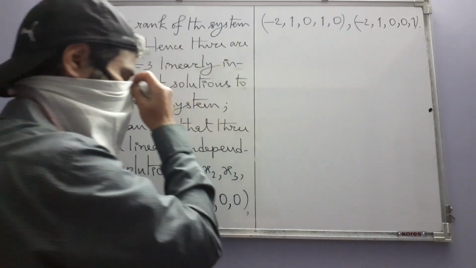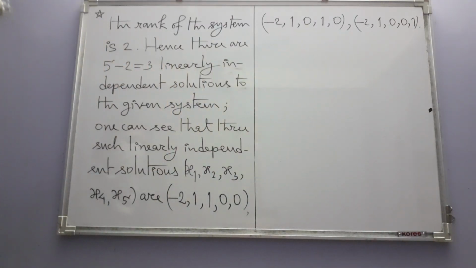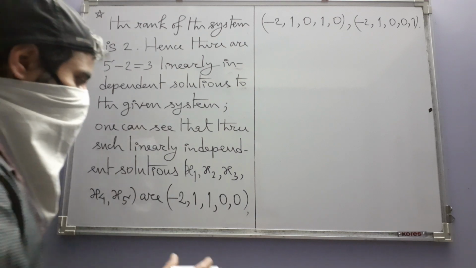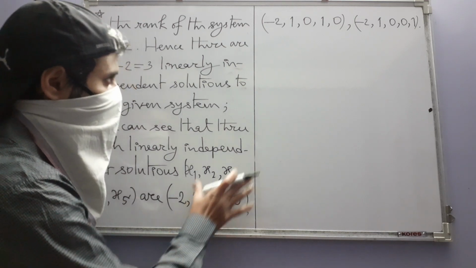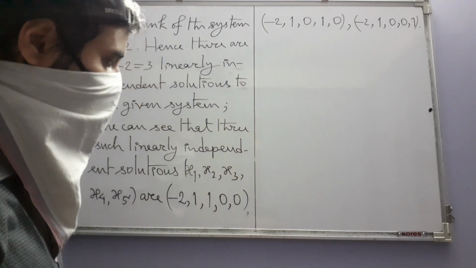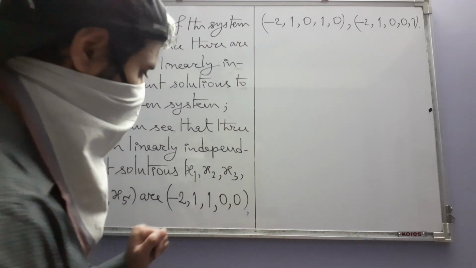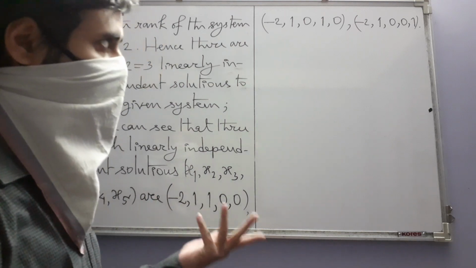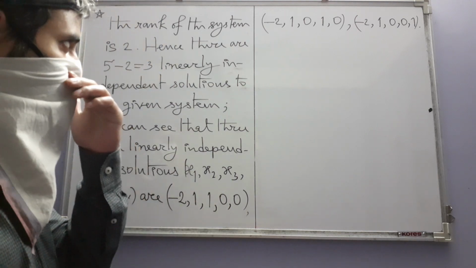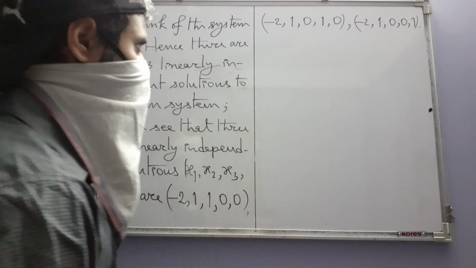Okay, so that's just it. And you can of course verify that these are 3 linearly independent vectors in R5, the 5-dimensional real space, and they are linearly independent. And that's just it.